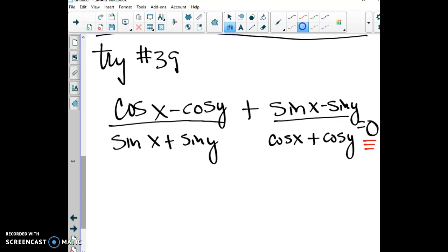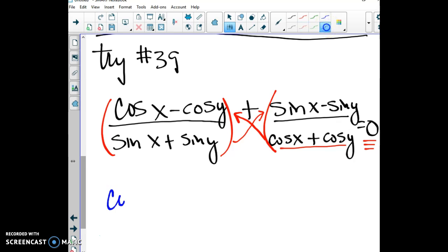We're going to go ahead and add those together, and in doing that, I need my first fraction to have the same denominator. I'm going to multiply top and bottom by the opposite denominator. I'm going to do the same thing, multiply top and bottom of the second fraction by the first denominator. So you guys can see, taking this cosine x plus cosine y multiplied by cosine x minus cosine y, we're going to go ahead and FOIL that, giving us cosine squared x.